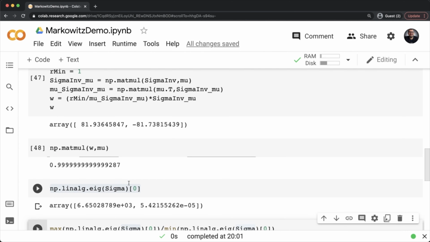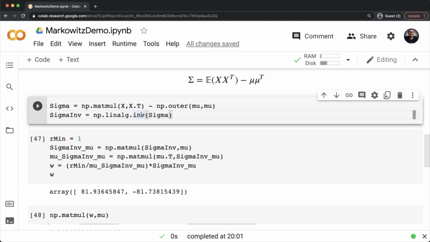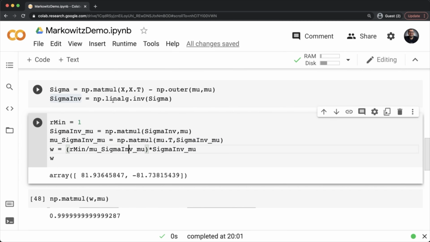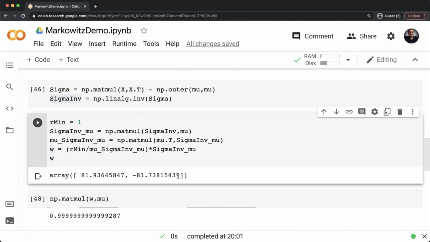And even more, if you want to be mathematically rigorous, you're computing the inverse of such an ill-conditioned matrix. So while inverting this matrix, when a small eigenvalue is inverted, then you're going to diverge. Some numbers are going to be really large when multiplying your mu with your sigma inverse, and hence your W is not going to give logical results, okay?